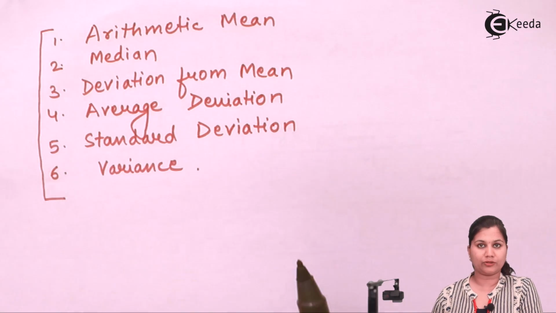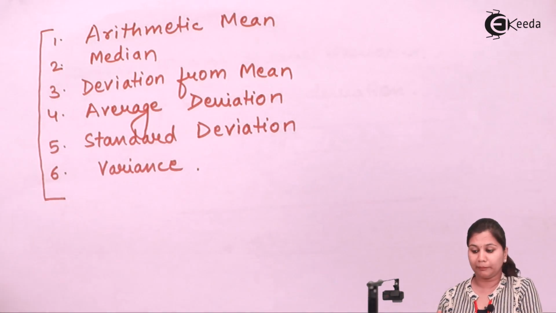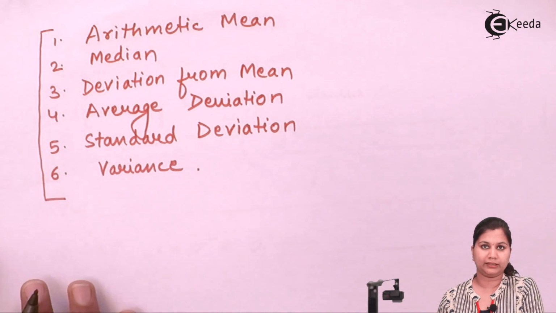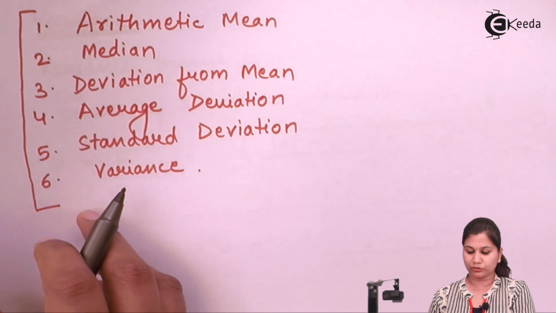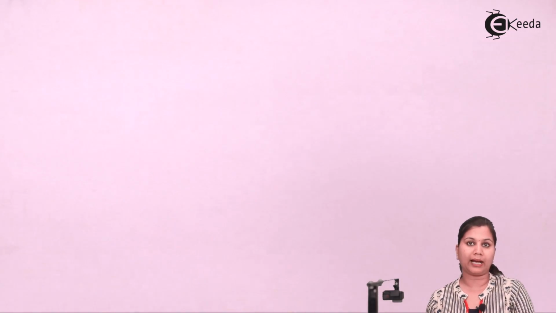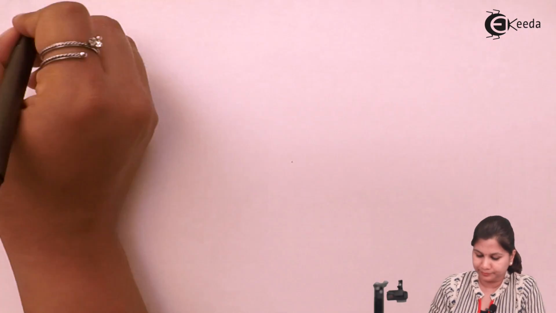We have seen their formulas also, and the benefit of calculating these values. Now let's take an example so that it will be clear how we calculate these values whenever some numerical is given to us. So let's see that example.